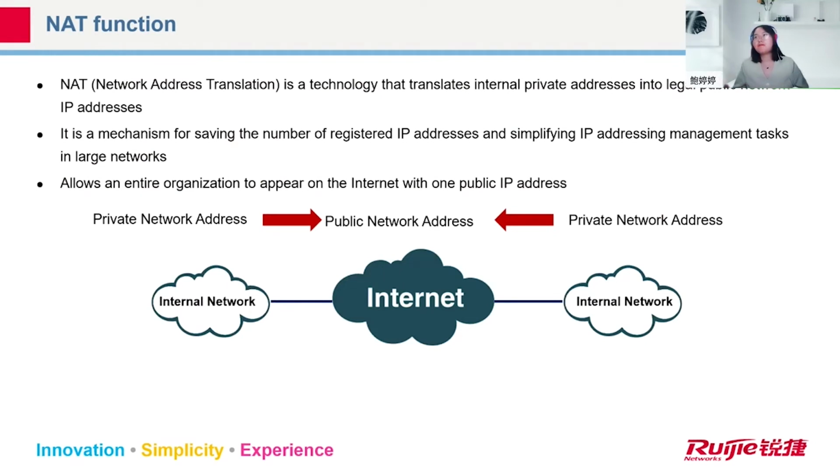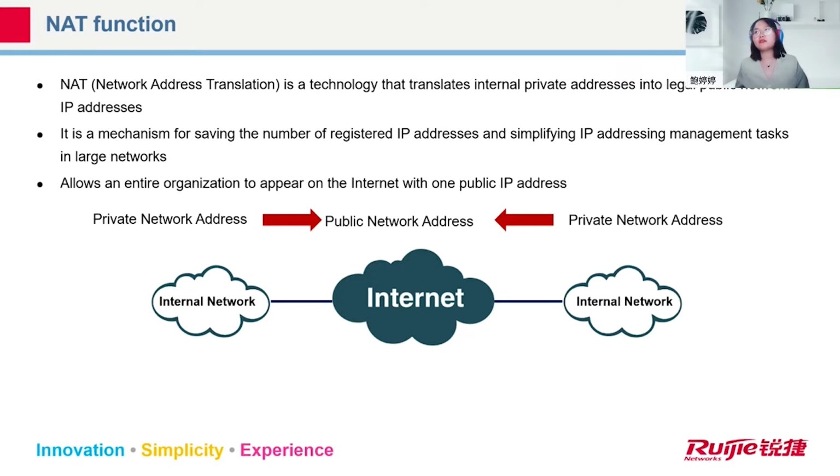Because the private IP address can be used at the same time even if the IP address is the same, if we want to visit the same resources like the internet, we have to do the translation, to translate the private network address to a public address. Otherwise, there is an address conflict. So this technology we call NAT.